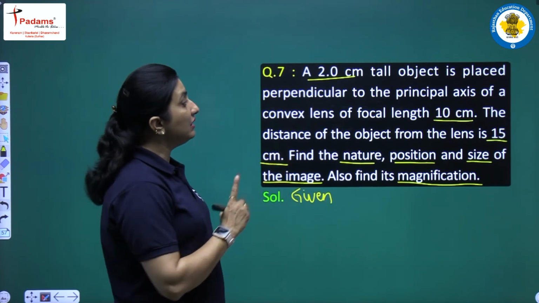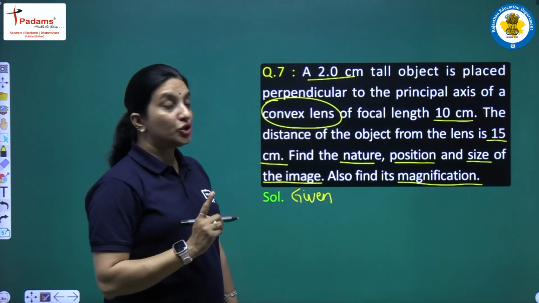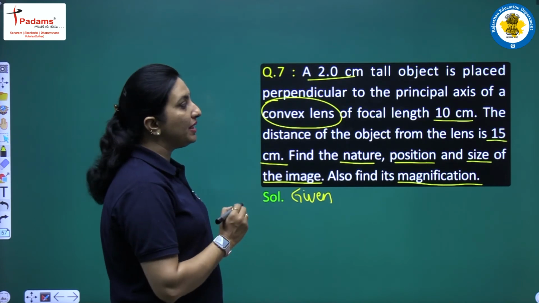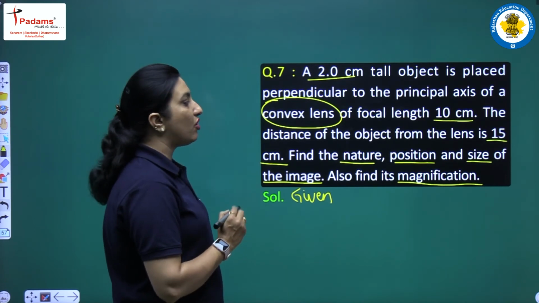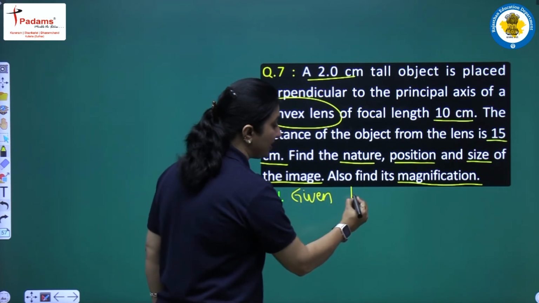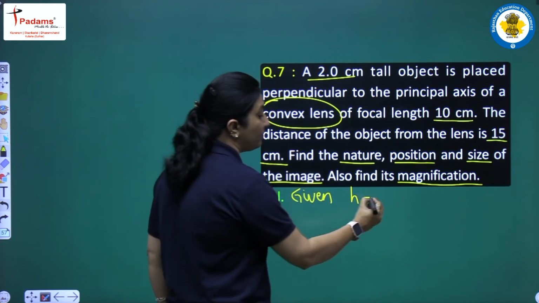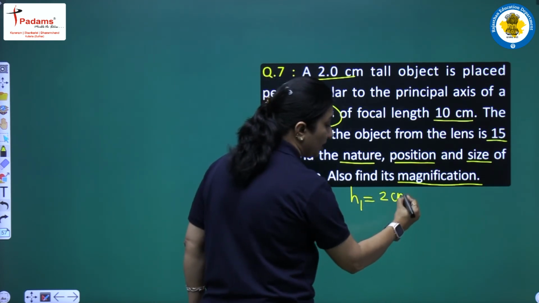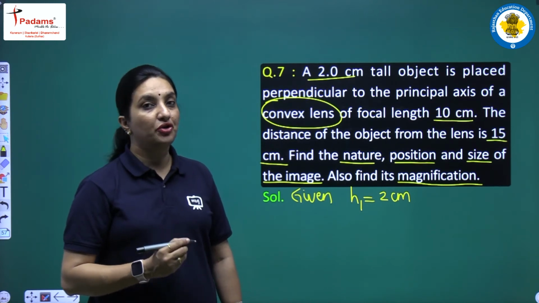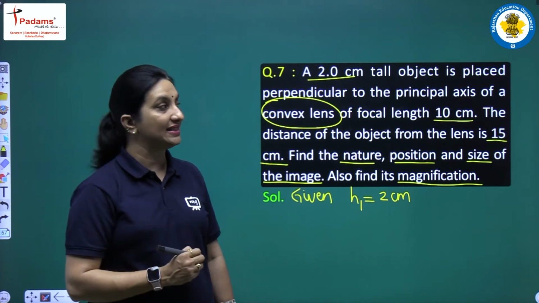We have a convex lens. So a 2 centimeter tall object is placed perpendicular to the principal axis of a convex lens. Now here students, what is given is the height of the object, and the height of the object is 2 centimeters. Now it is taken as positive because the object is placed above the principal axis.